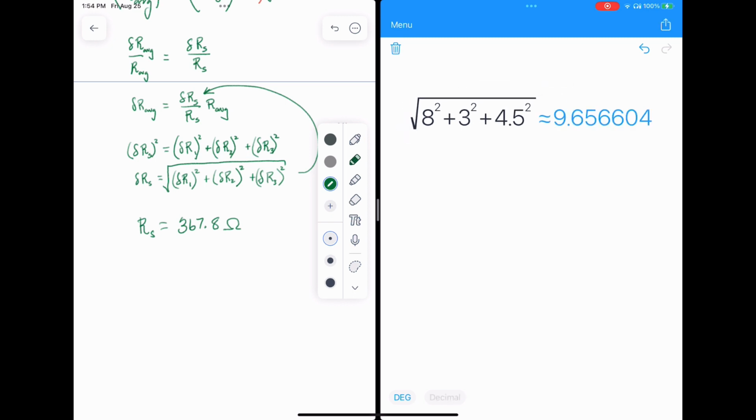You'll see that we have 9.656604. I'm going to keep the entire number until the end so as to avoid rounding error. But we're going to plug all of these numbers back into our equation for the uncertainty in the average now.